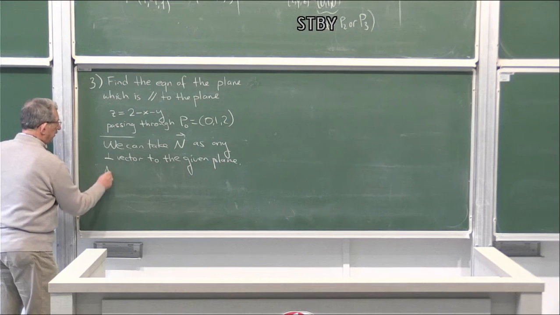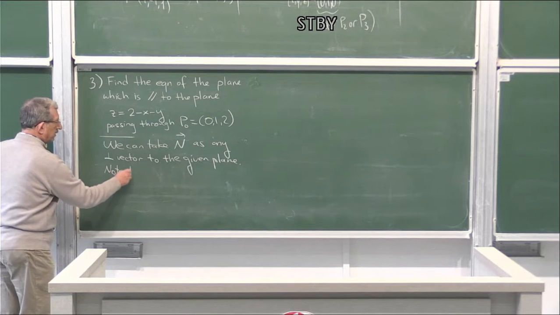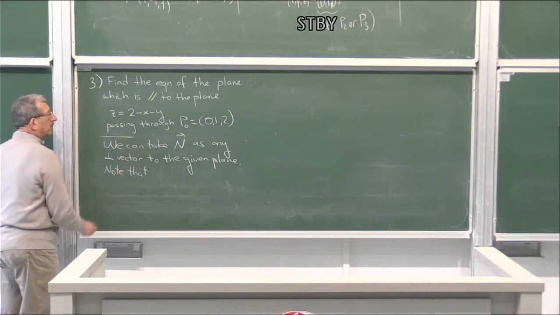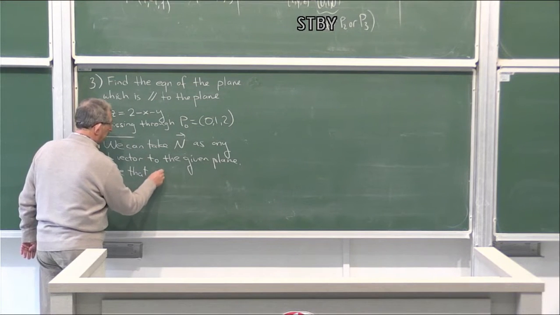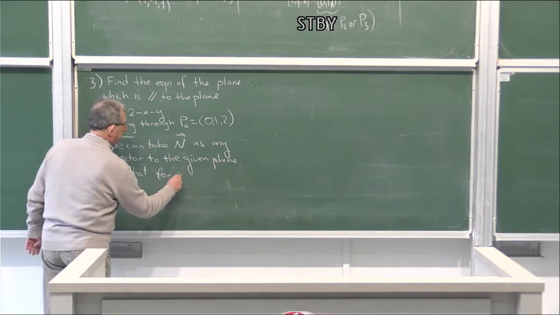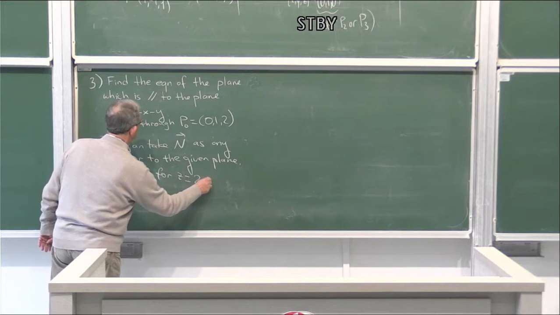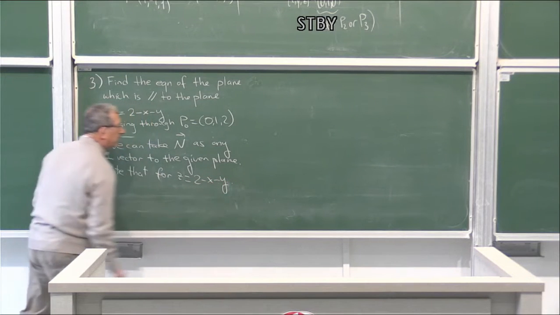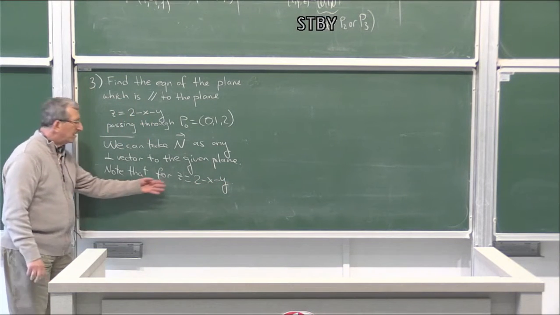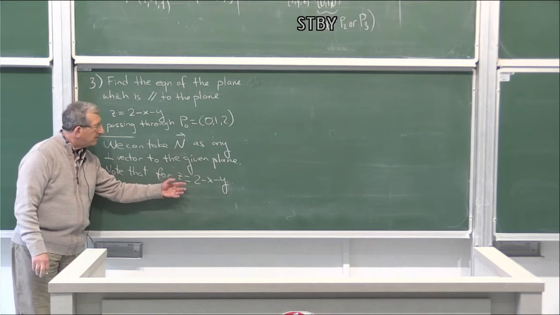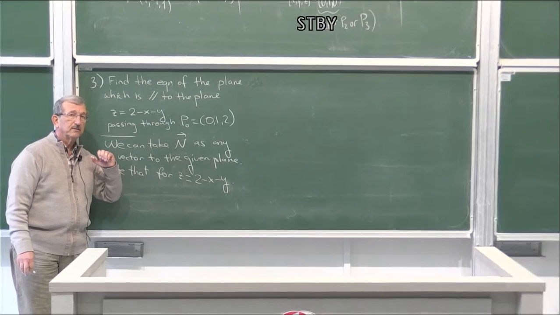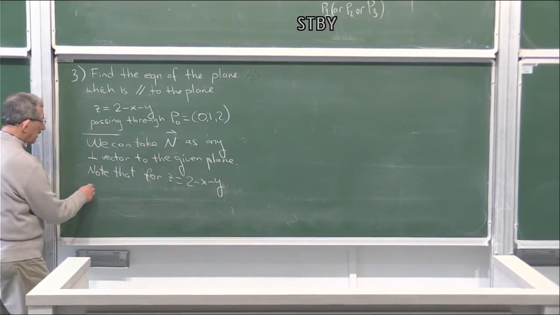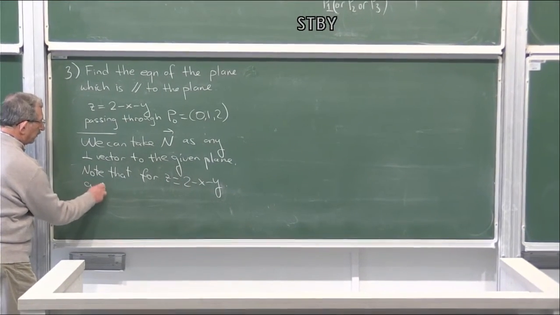Note that in the given plane, that's to say for z is 2 minus x minus y, the perpendicular vector is not the coefficients of the x, y, z's.